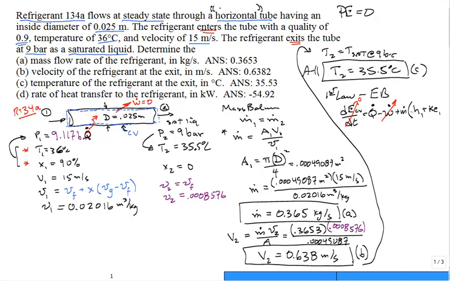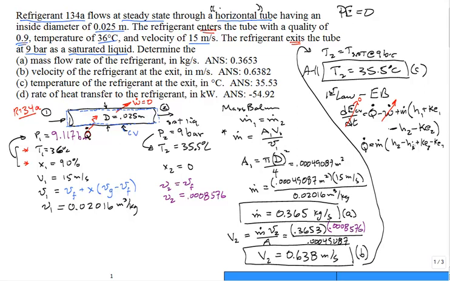And because there's only one mass flow rate, we just subtract off the exit enthalpy and the exit kinetic energy. So if we're looking to calculate Q dot, it's the mass flow rate times the exit enthalpy minus the inlet enthalpy, plus the exit kinetic energy minus the inlet kinetic energy.